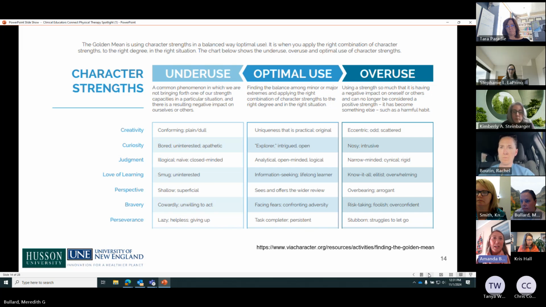Creativity, when it's optimally being used, means you're flourishing in that area. But if you're overusing it, you could potentially come across as eccentric or odd or scattered, versus underutilizing it, dull or conforming. So if a student was having a hard time with patient education and creativity was one of their top character strengths, you could say, how can we leverage creativity to help you with that area that you're struggling? Advance.